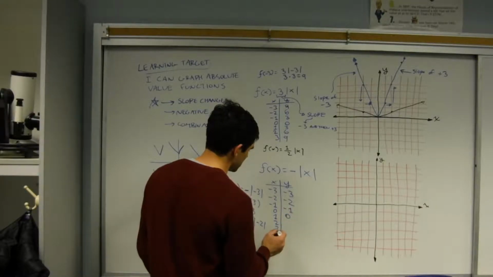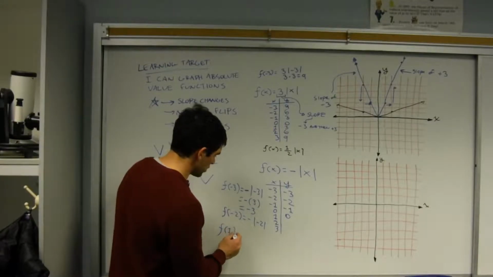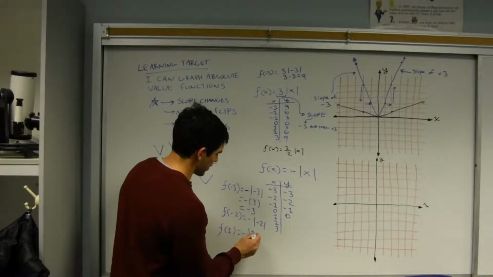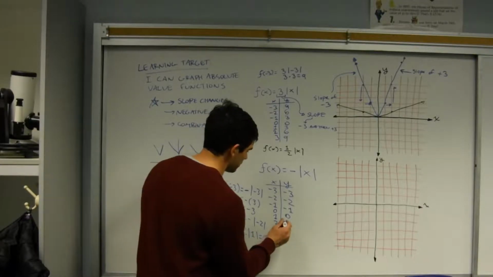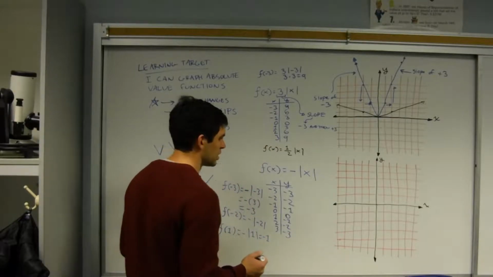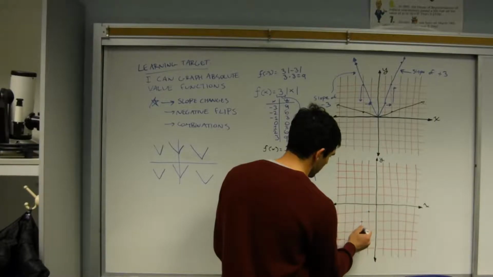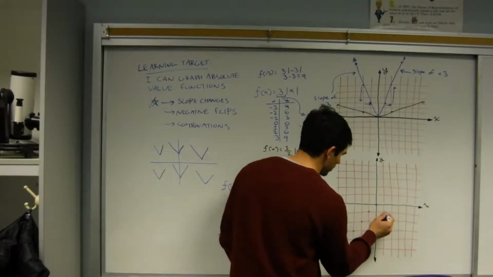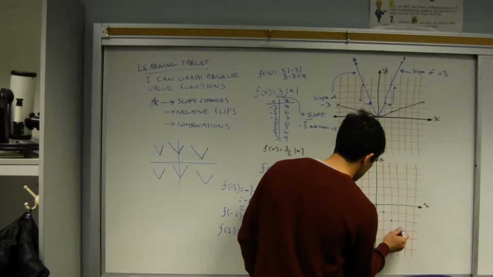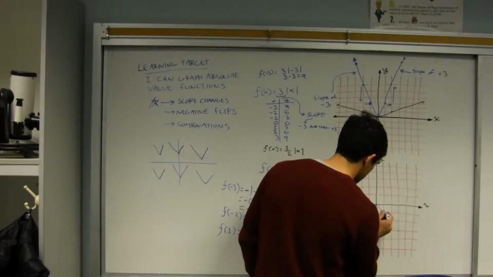F of 0 is going to be 0. F of 1 is equal to negative times the absolute value of 1, which is equal to negative 1. Then we get negative 2 and negative 3. So if we graph this function, we're going to get something that looks like this.